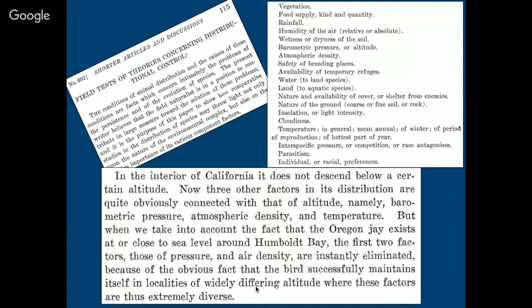So the great majority of factors that Grinnell considered were what we would call abiotic in nature, which is to say these are characteristics of the environment, and the species needed certain sets of conditions, certain subsets of the whole availability.